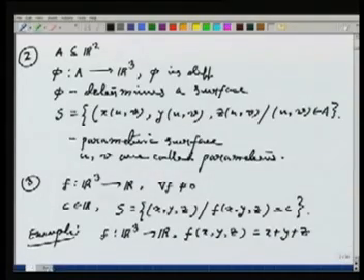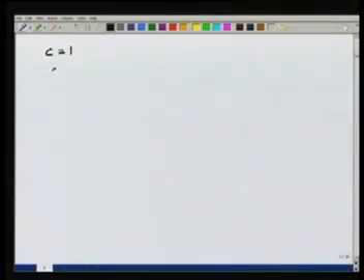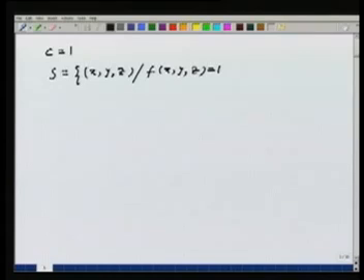Let me take c equal to 1. Then my surface S is all (x, y, z) such that f(x, y, z) equals 1, that is, all (x, y, z) such that x plus y plus z equals 1.